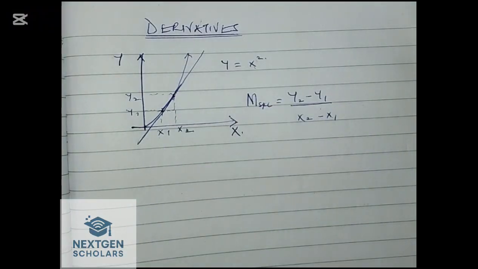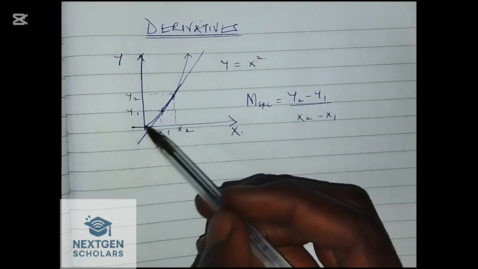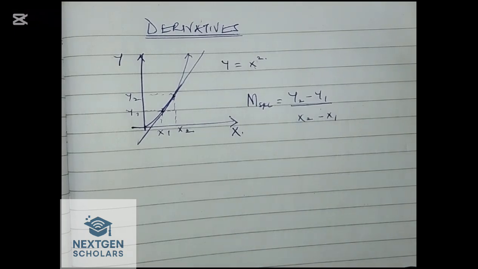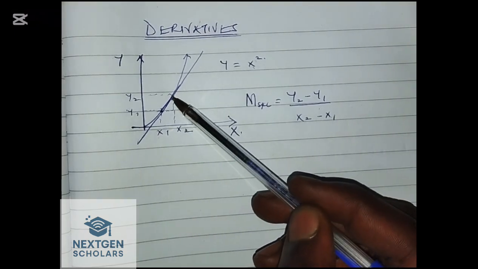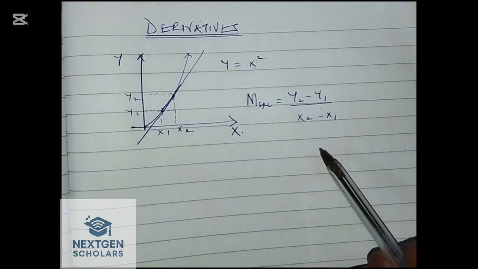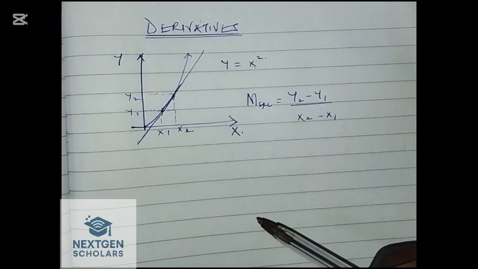That is the difference between a tangent line and a secant line. A secant line is a line that touches a curve at exactly 2 points, while a tangent line is a line that touches a curve at exactly 1 point. What you are seeing here is the slope of a secant line.